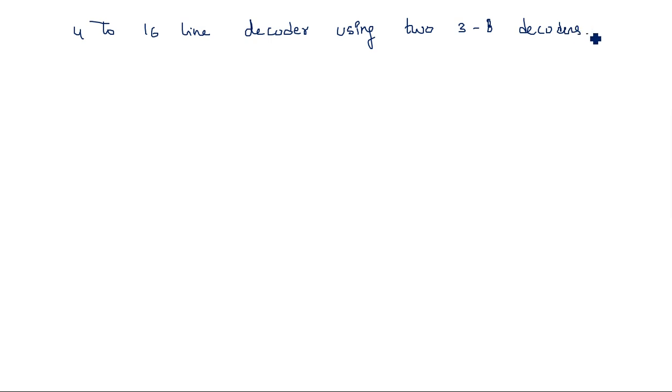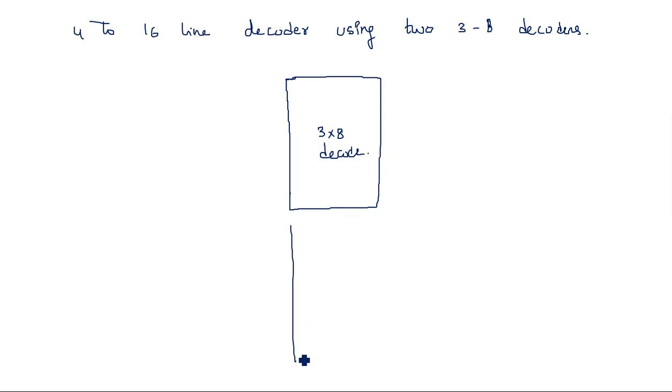As I said in the first slide, this is a 3 to 8 decoder, and one more 3 to 8 decoder I am taking. So 4 to 16 decoder with 3 to 8 decoders, because the total number of outputs will be tallied: 8 outputs from this one, and one more 8 outputs coming from the other.